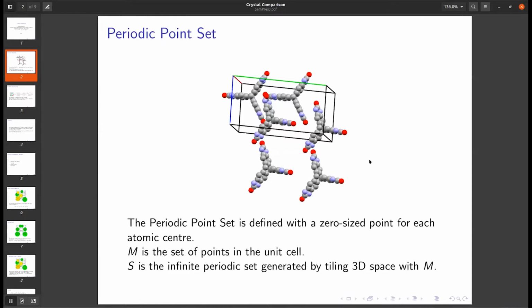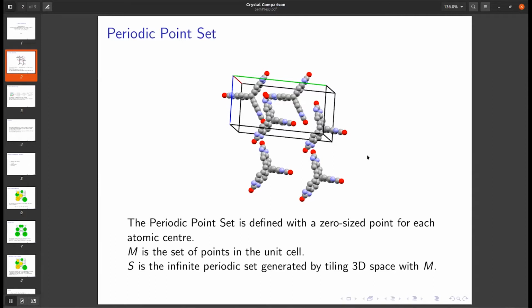We use the representation of crystals with a periodic point set. So with a unit cell and a motif, a set of points within that unit cell that hopefully is reasonably widely used. In this case, we say a point set because we're actually representing each atomic center with a zero-sized point.